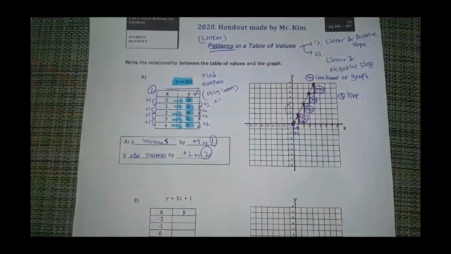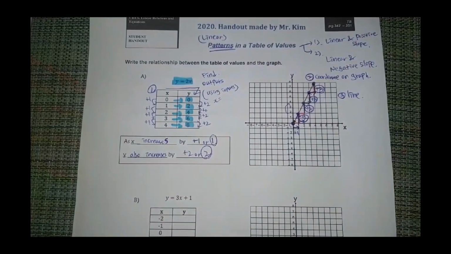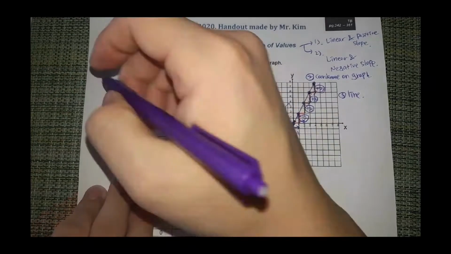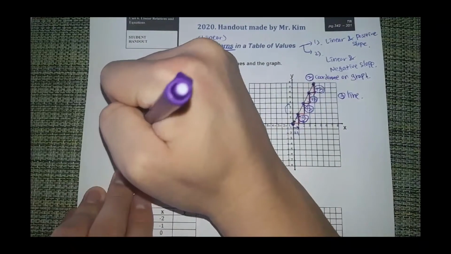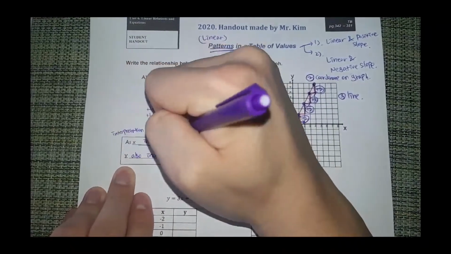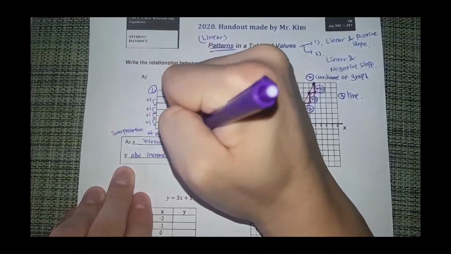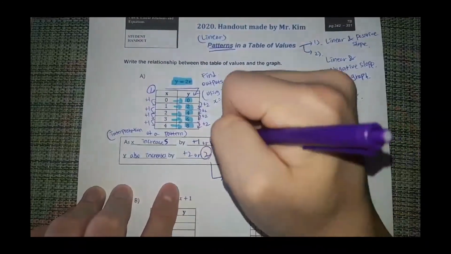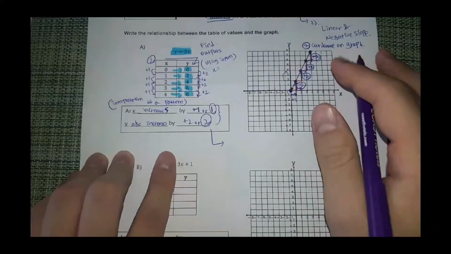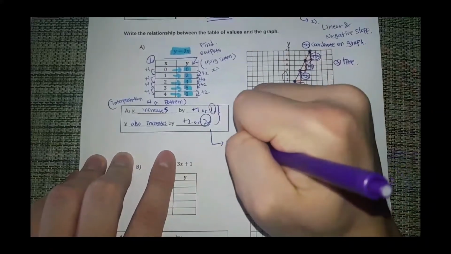This is what I like to call a relationship, or how you interpret the relationship. I like to call this the interpretation of a pattern. And what I put over here will be known as slope, because slope tells us how much rise over run.